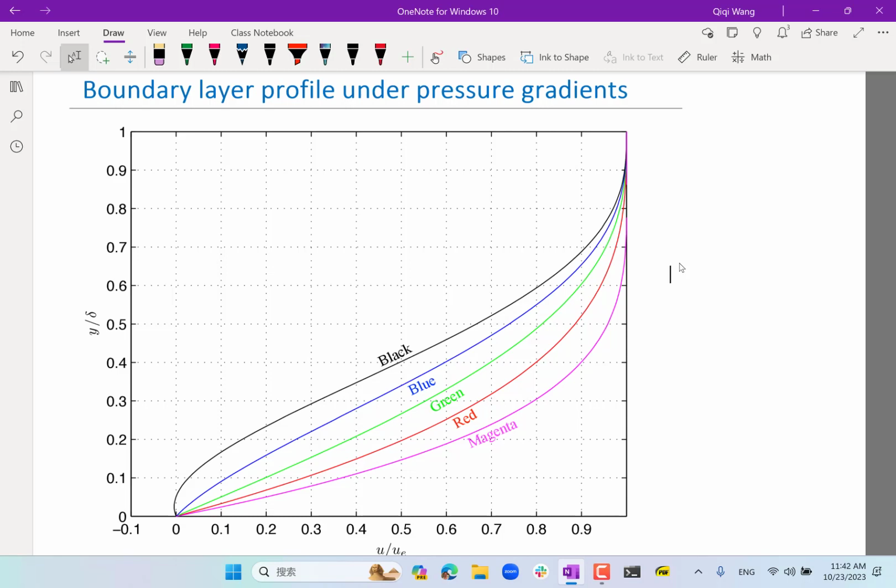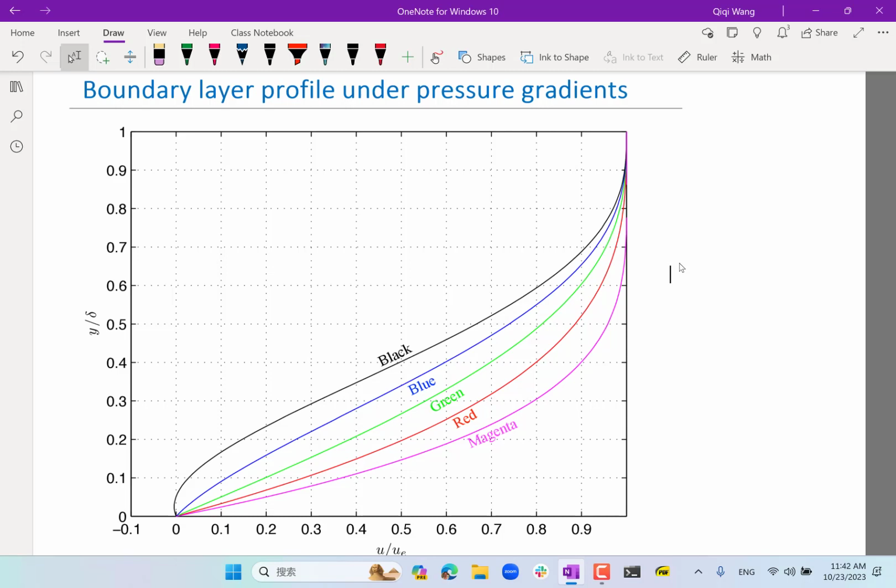Any favorable pressure gradient is going to have a curvature like the magenta line, so the curvature is going like this. Any adverse pressure gradient is going to have a curvature like the blue and black lines, going like this. Okay, so this is usually the most straightforward way of telling which one is favorable, which one is adverse.